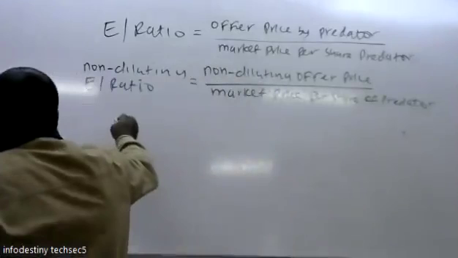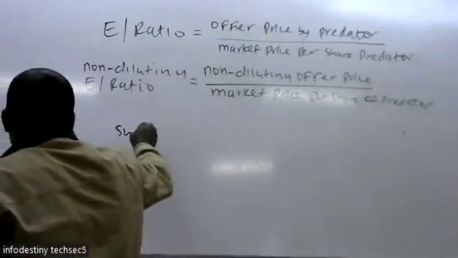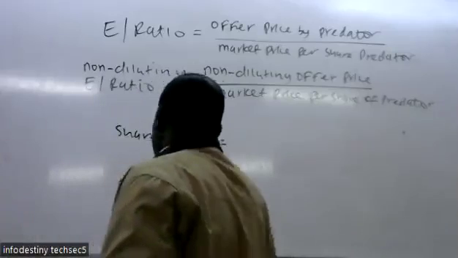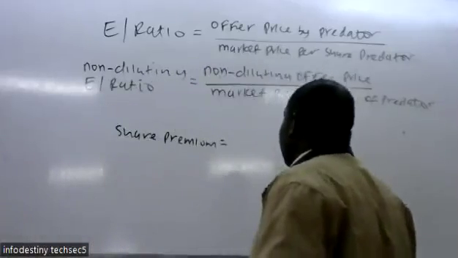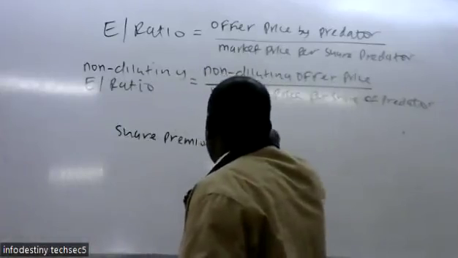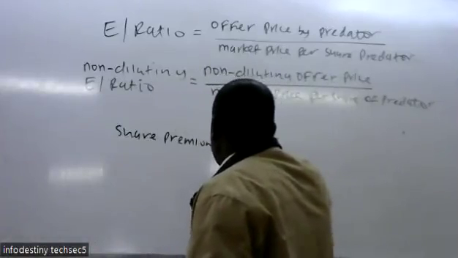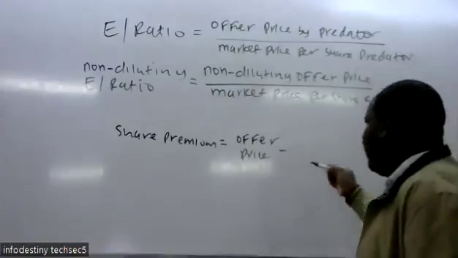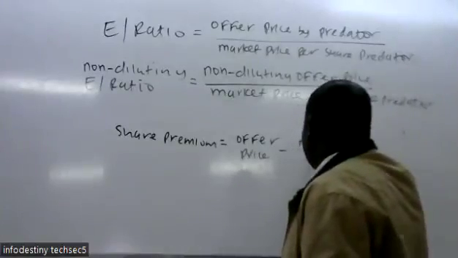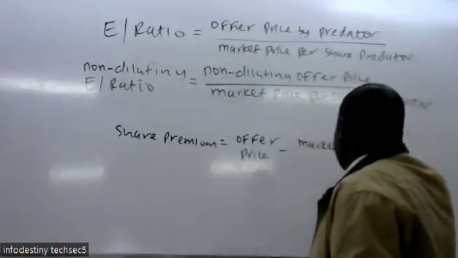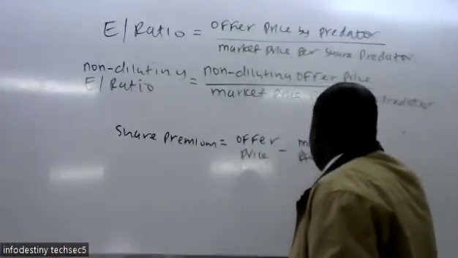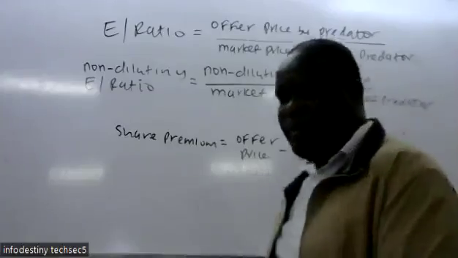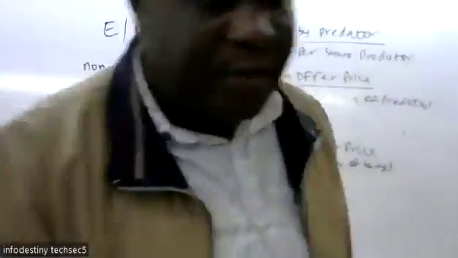The share premium is supposed to be given by the offer price, from which we subtract the market price per share of the target.